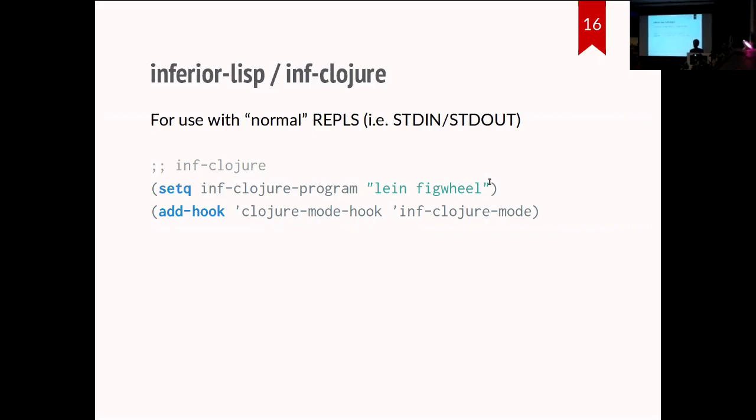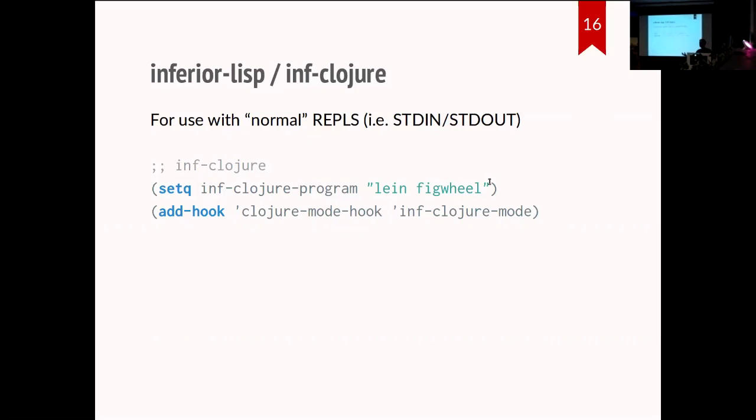In the beginning there was nothing particular for Clojure, so Rich Hickey, the person who came up with Clojure, just used inferior Lisp, which is built in to Emacs. You set a certain variable, you say this is the command line invocation to start my Lisp REPL, and then from a Lisp buffer, you can say, okay, now boot up my Lisp REPL, and then you can send forms to the REPL.